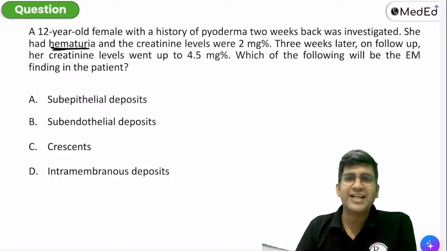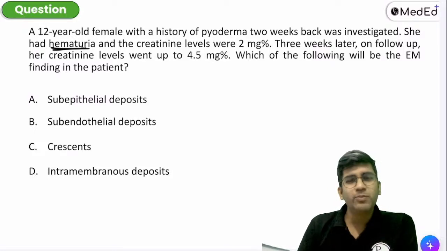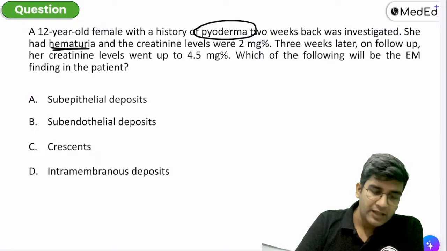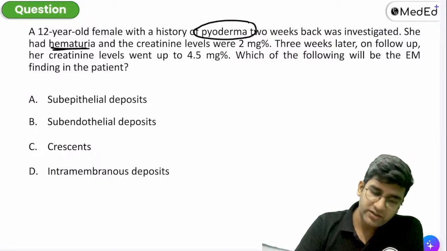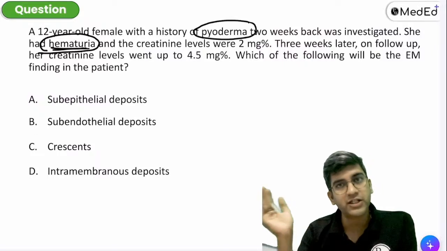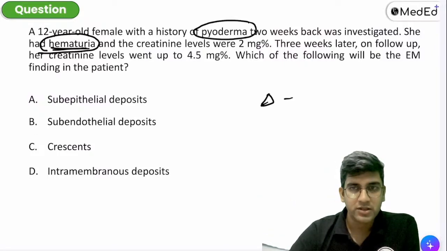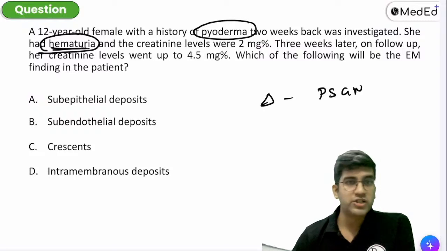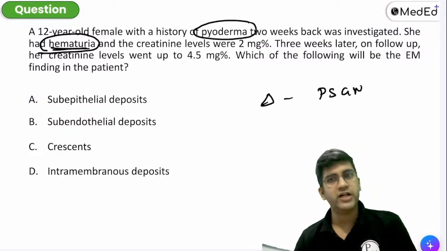Hematuria is present, it has to be nephritic syndrome, right? What is the most common diagnosis? Because I have a skin infection and then after a few days or weeks, the patient has hematuria. Skin infection, hematuria. So diagnosis, PSGN, right? Post-streptococcal glomerulonephritis, right?